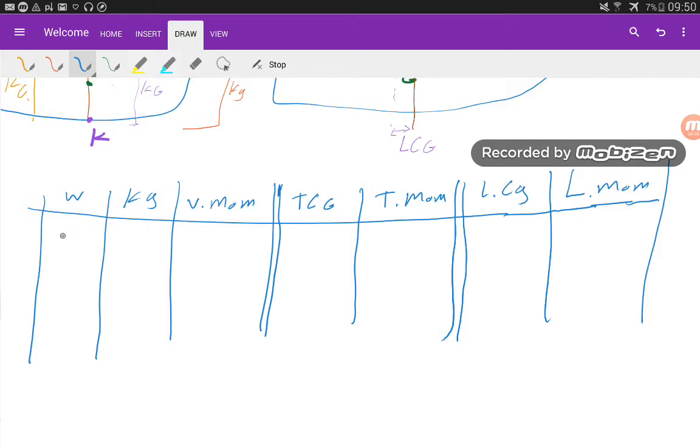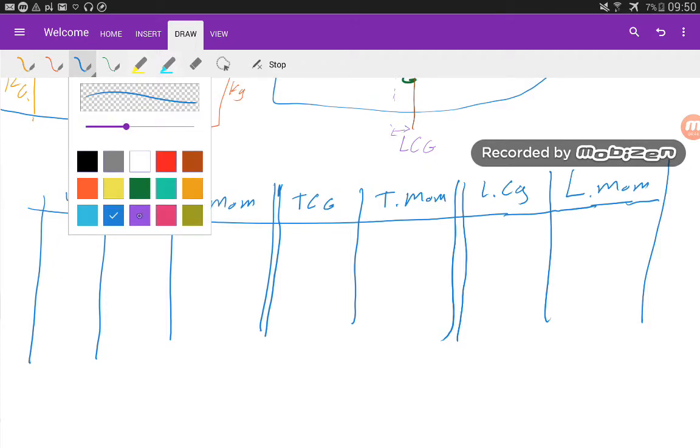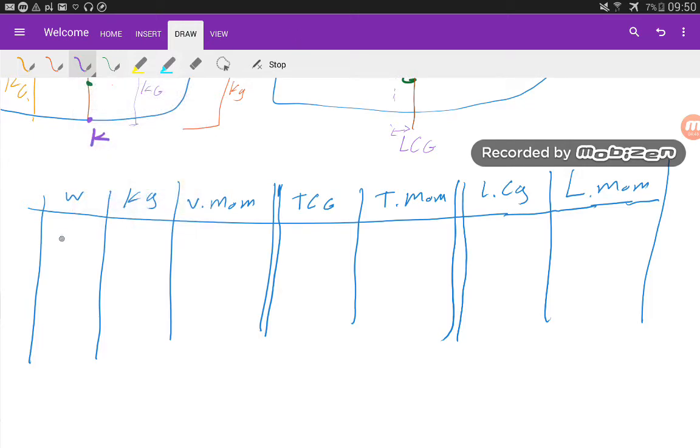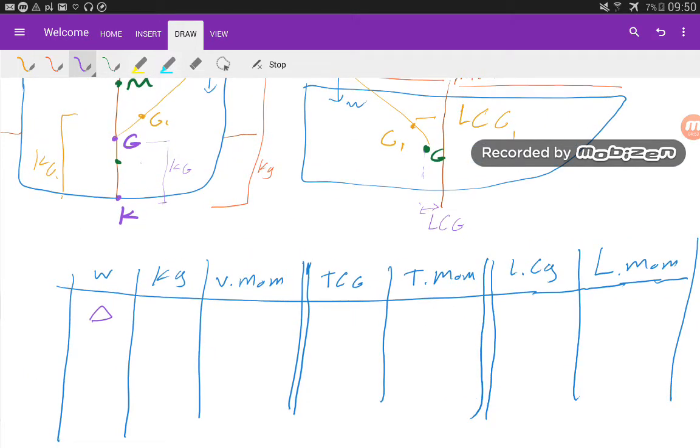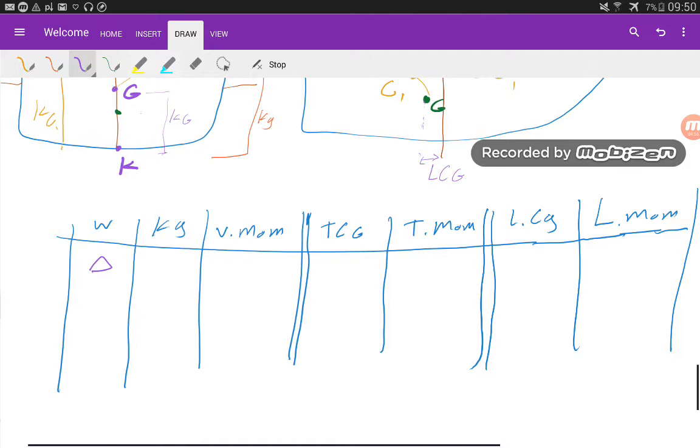In the first row, we are going to bring the initial displacement of the vessel, which was applied at the initial point of the center of gravity.